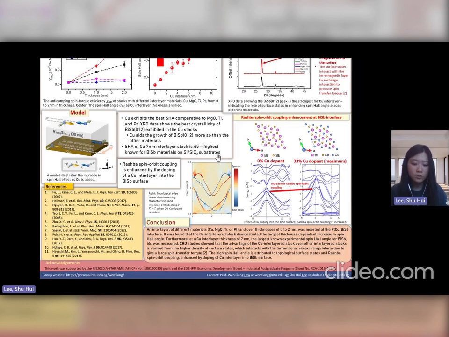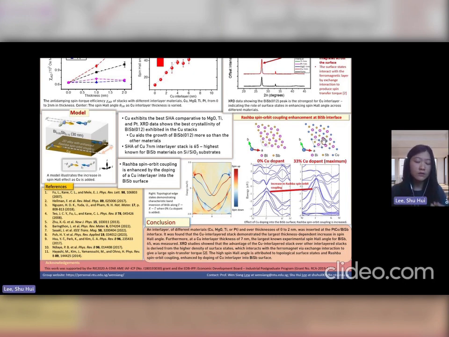The second reason is the doping that occurs at the interface. Here we see that where there are no copper atoms, there is some Rashba spin splitting. On the left-hand corner, this shows the band inversion in bismuth antimony.